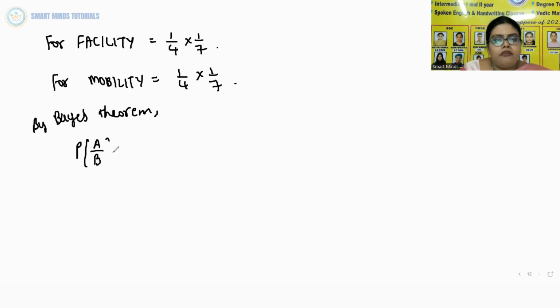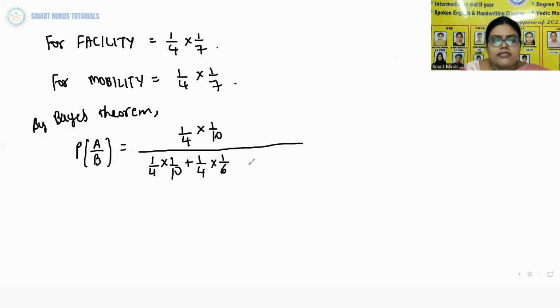So P of A by B is the requirement. So 1 by 4 into 1 by 10, divided by the total probability: 1 by 4 into 1 by 10 plus 1 by 4 into 1 by 6 plus 1 by 4 into 1 by 7 plus 1 by 4 into 1 by 7. In each term, we can cancel 1 by 4.